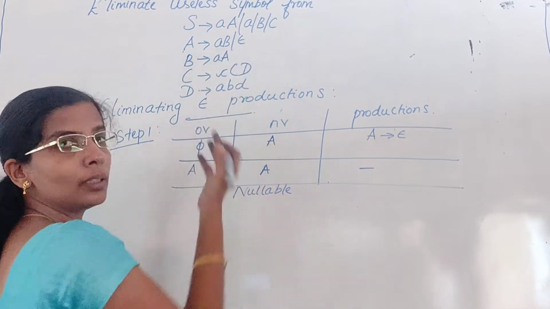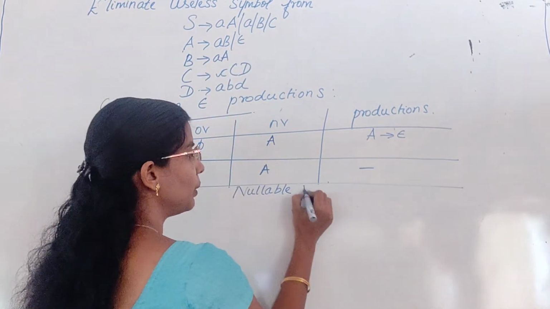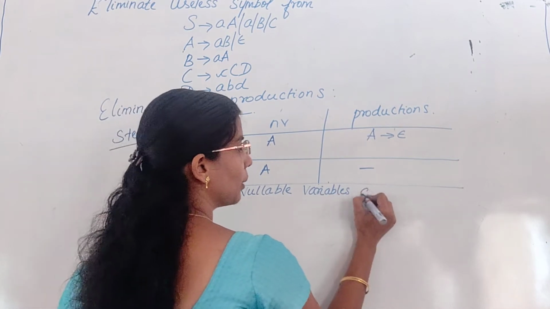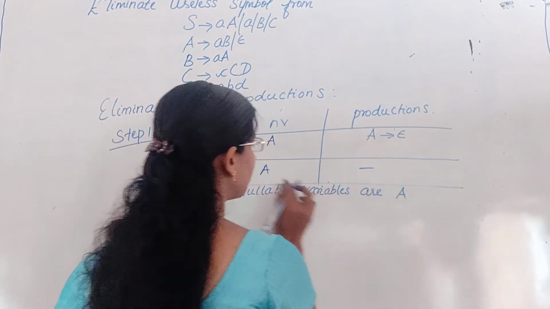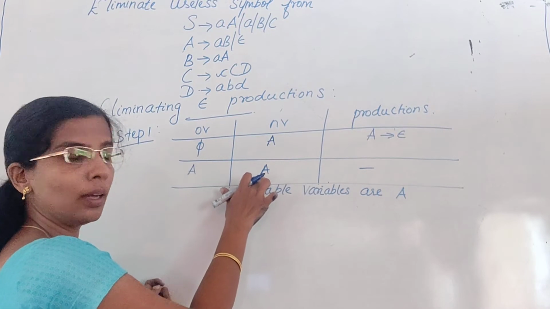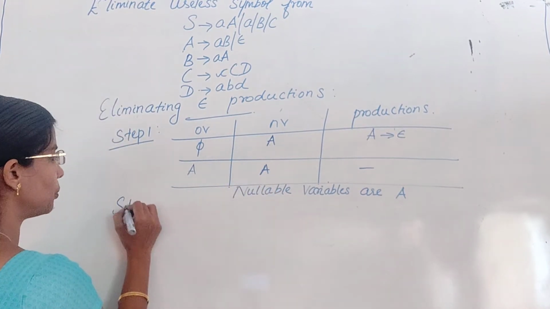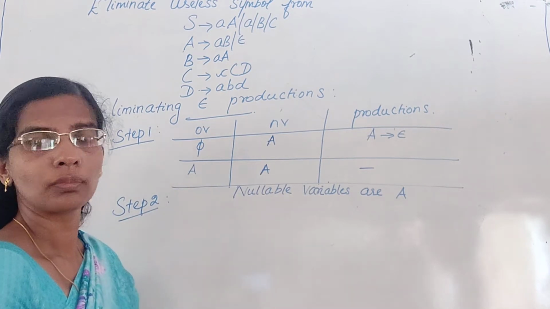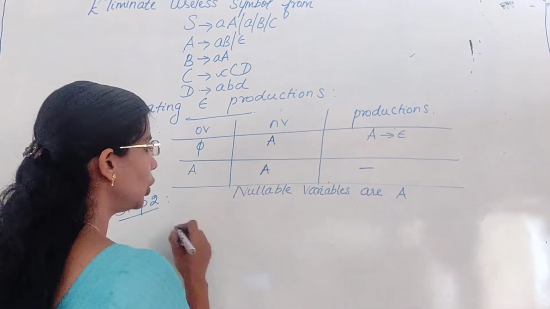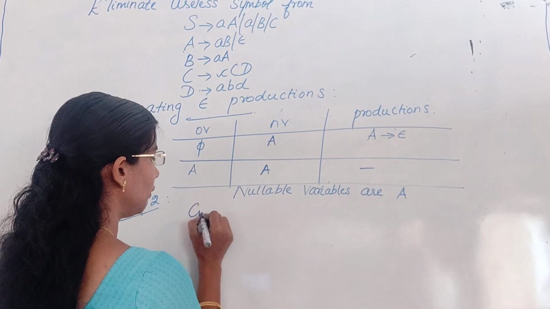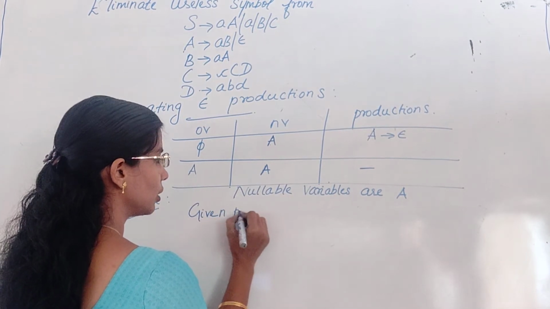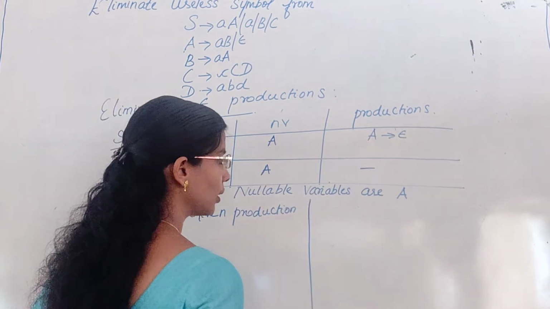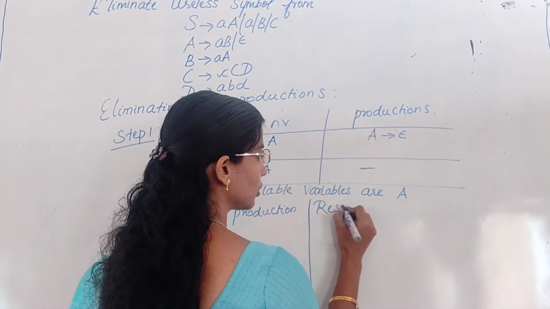Epsilon is nothing but null. Nullable variables are A. Now, coming to step 2, you make a two-column table: given productions and resulting productions.